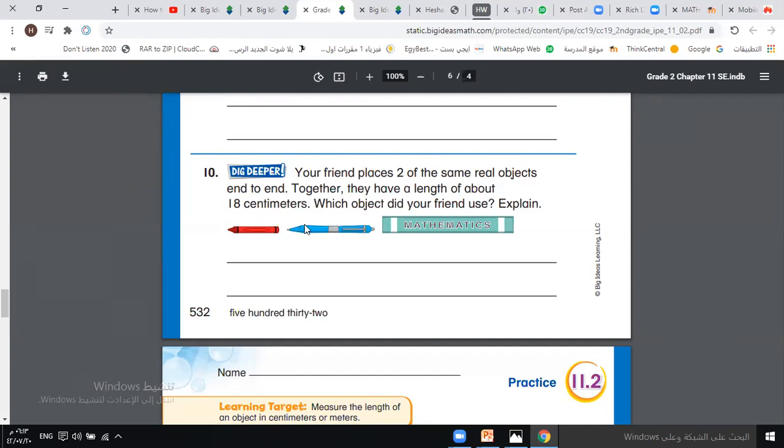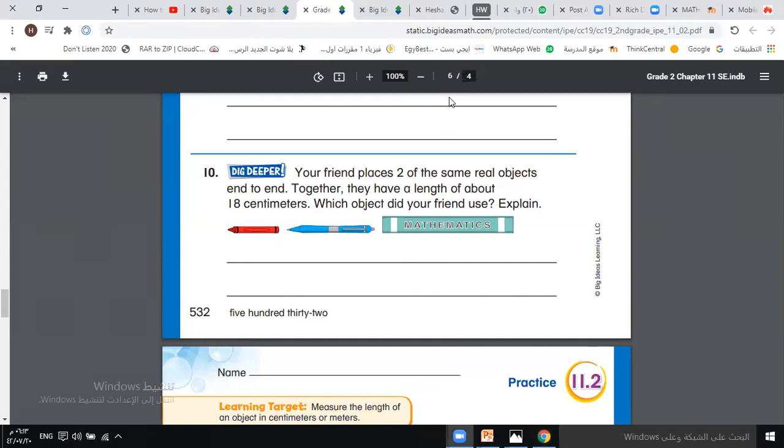And if he put a pencil or pen, then another pen, is it about 18 centimeters? This is a math book. If he took a math book, then another math book, is the length of these two math books equal to 18 centimeters? Okay, which one is correct?